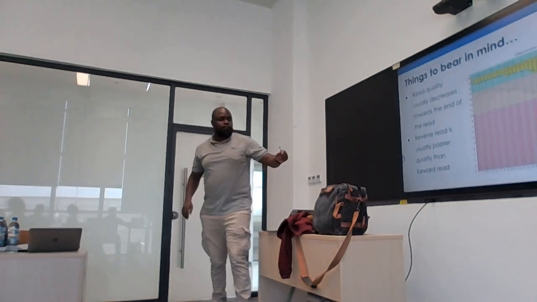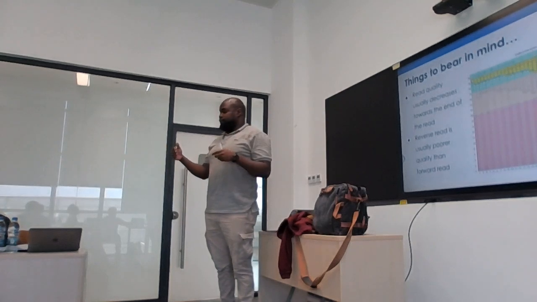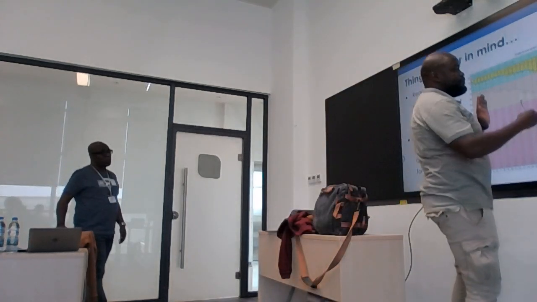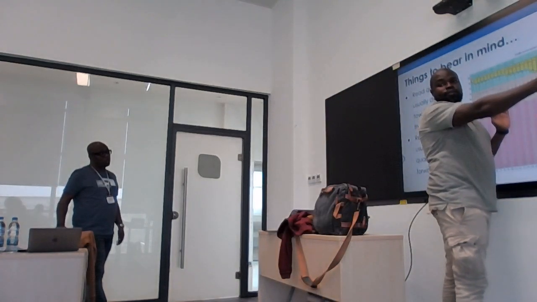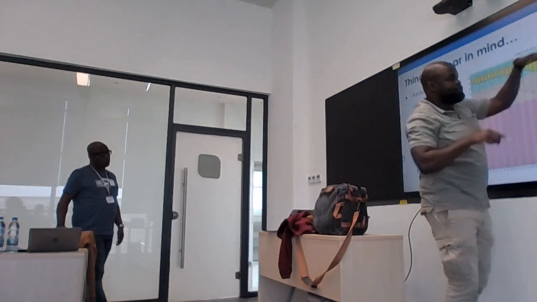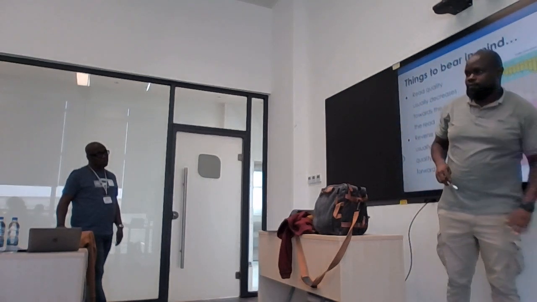Okay. Now, if you look at your first QC outputs, you'll notice that towards the right, at 3', you can see that this line goes down. This is the mean quality. You'll see that this goes down.